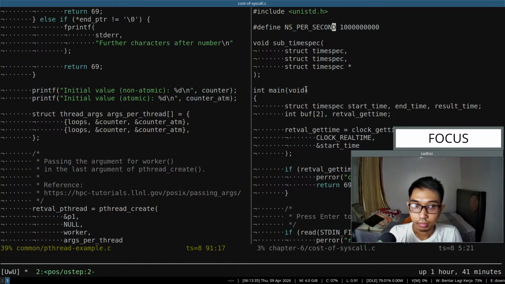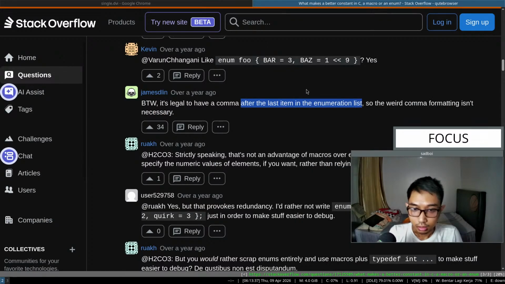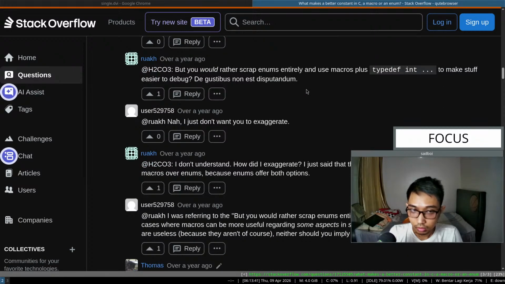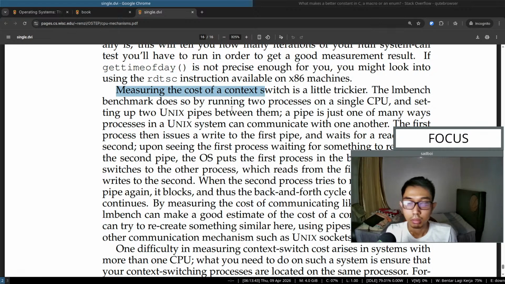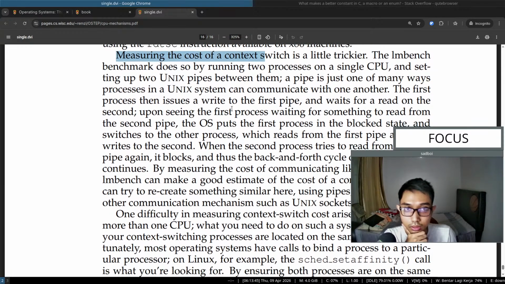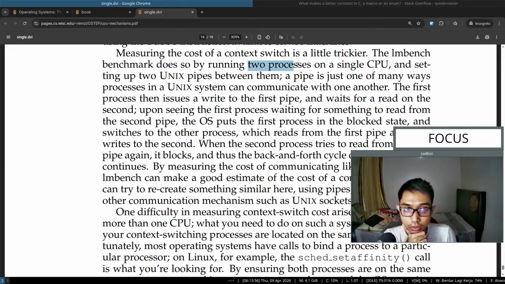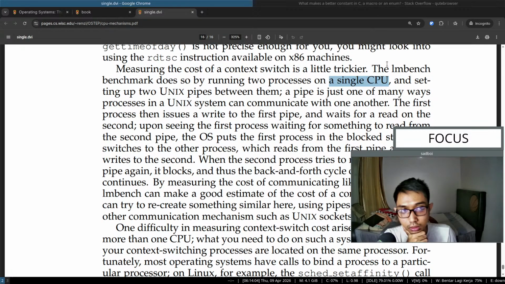Okay. Now, measuring the cost of a context switch. Running two processes on a single CPU. Again, I'm kind of curious.